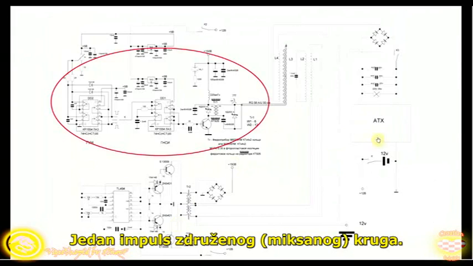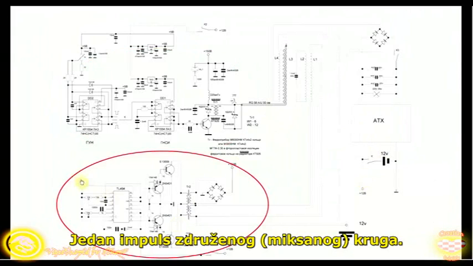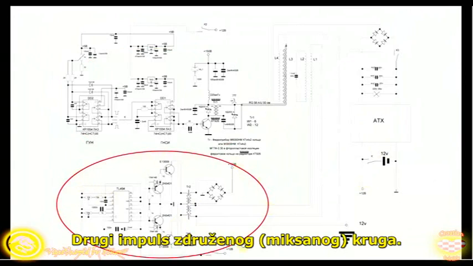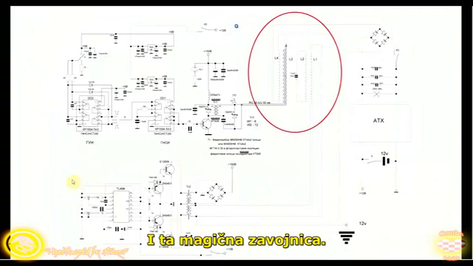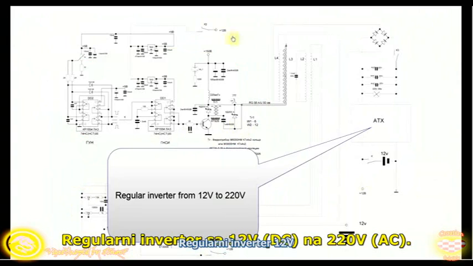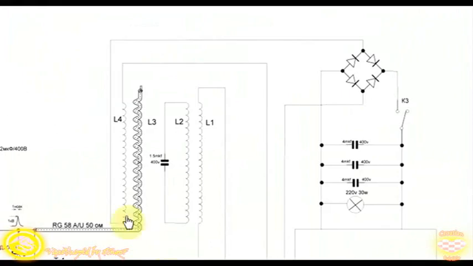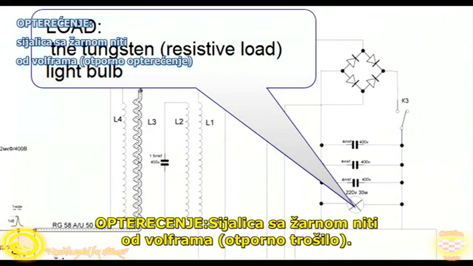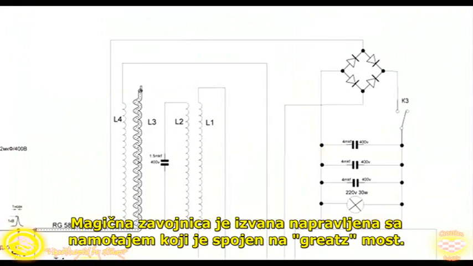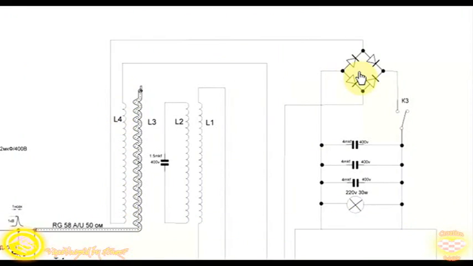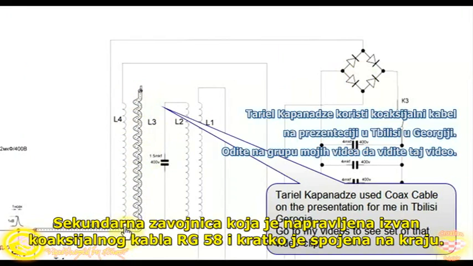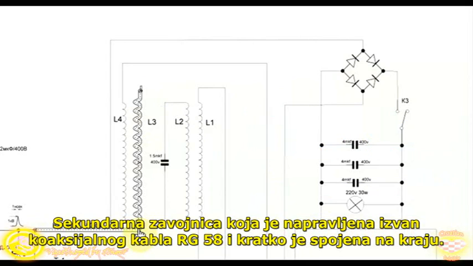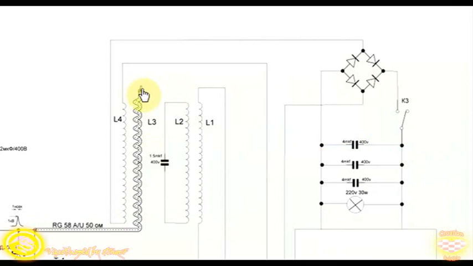One impulse forming circuitry, second impulse forming circuitry, and that magic coil. Magic coil is made out of one winding that is connected to the Graetz bridge. Second coil is made out of a coaxial cable RG58 and is shorted at the end.